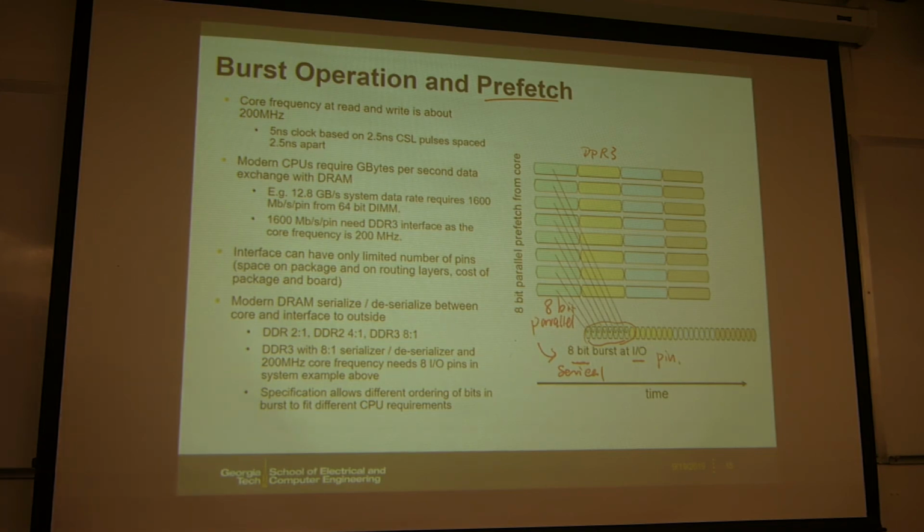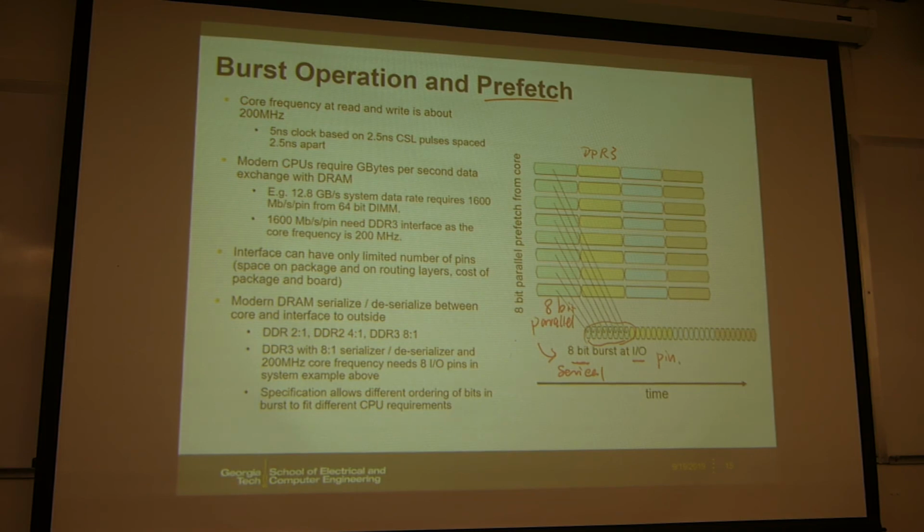How do we burst the data after we prefetch it? Higher clock frequency in the I/O. Yeah, because internal clock frequency you cannot improve. You can increase the I/O clock frequency.